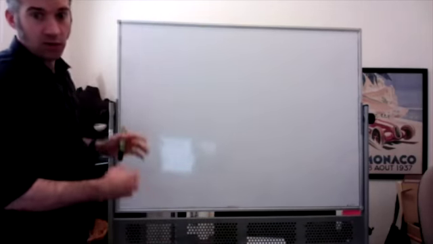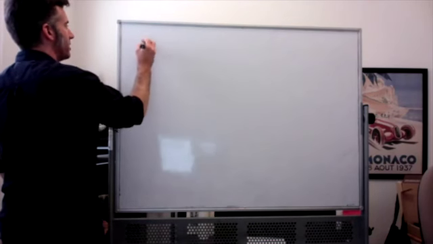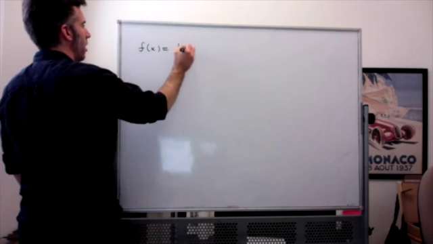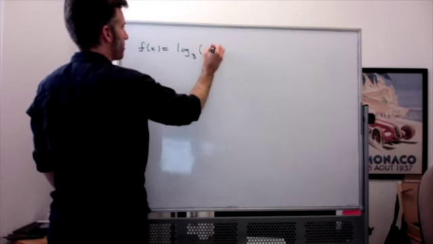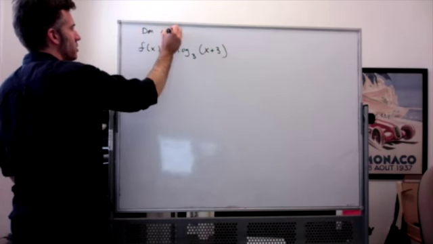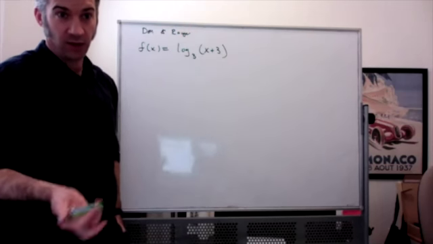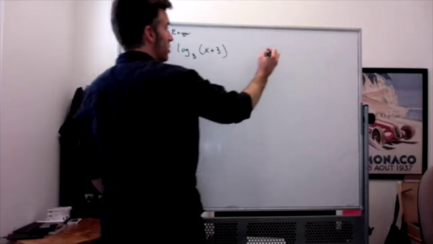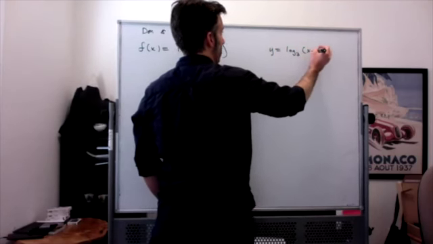But if you wanted to, let's look at this function for a second. So if I'm looking at f of x equal to the log base 3 of x plus 3, and I really just want to find the domain and the range. If you wanted to throw this into Desmos to see what the graphs look like, you could do y equals log base 3 of x plus 3.